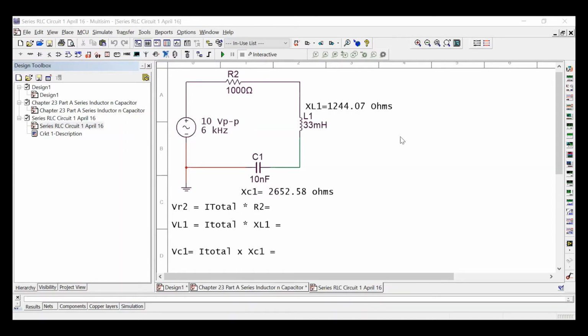Okay, so the first thing I'm going to say to you is, ignore this R2 at this point. Just ignore it. First thing we're going to do is draw that phasor diagram. So X of L's, do they point up or down?